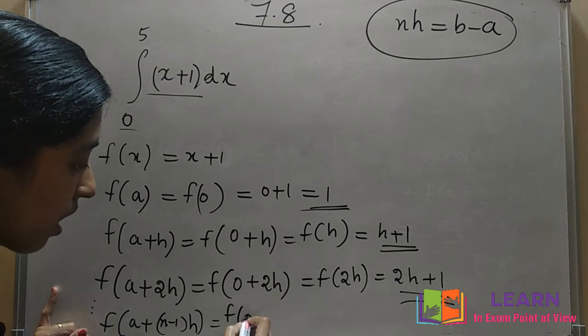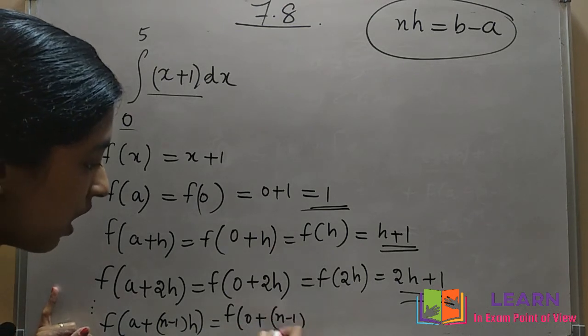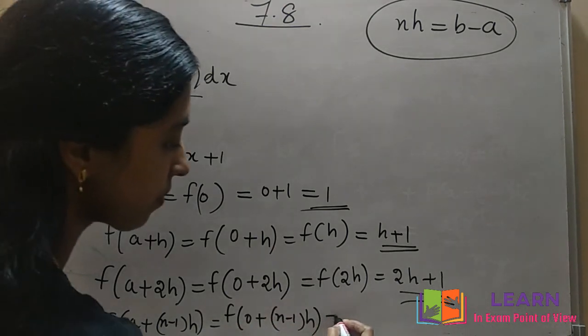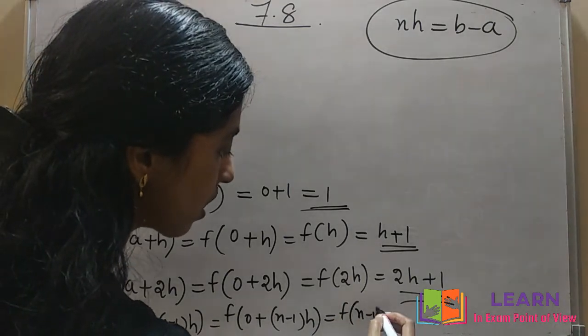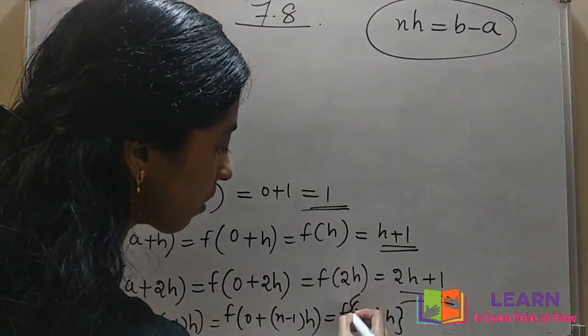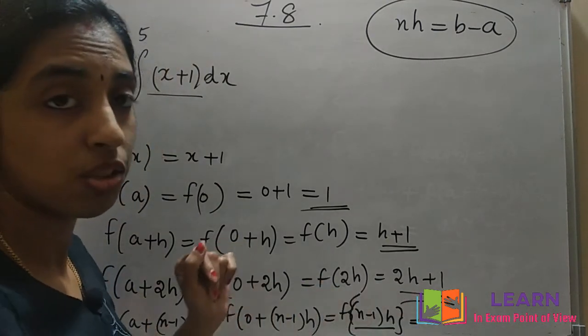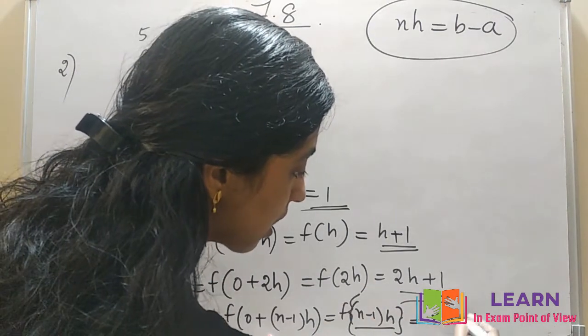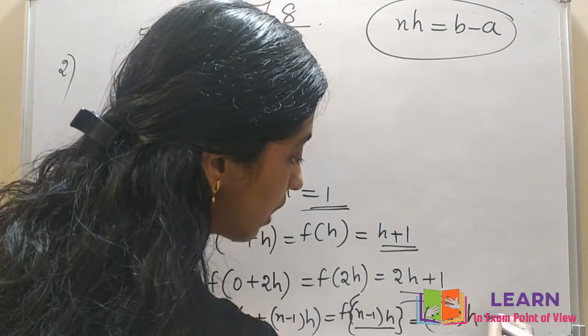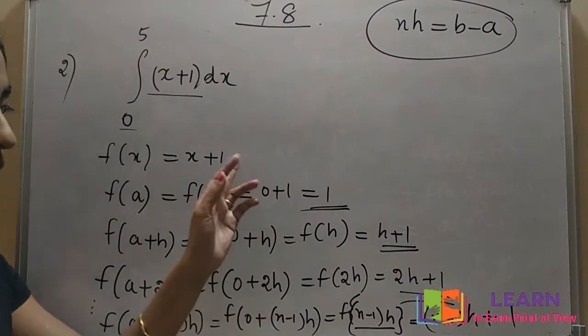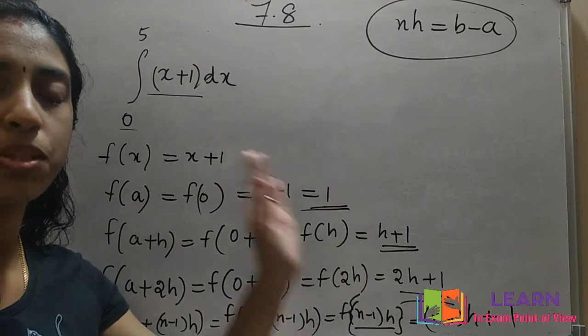That is f of 0 plus n minus 1 into h, that is f of n minus 1 into h. Fully substitute this in the place of x, that is n minus 1 into h plus 1.